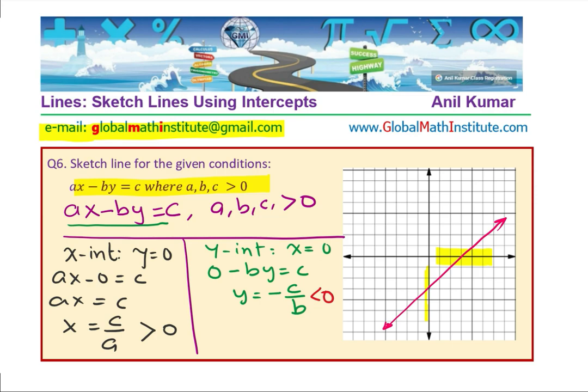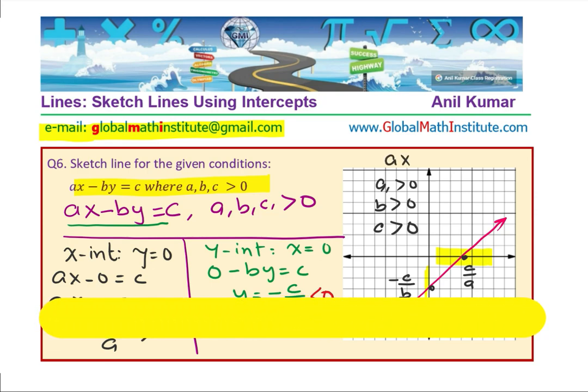Now let's label these x and y intercepts, the x-intercept being c over a and the y-intercept being minus c over b, where a is greater than 0, b is also greater than 0, and c is also greater than 0. The equation is ax minus by equals c. Is that clear to you? That is how we are going to sketch.